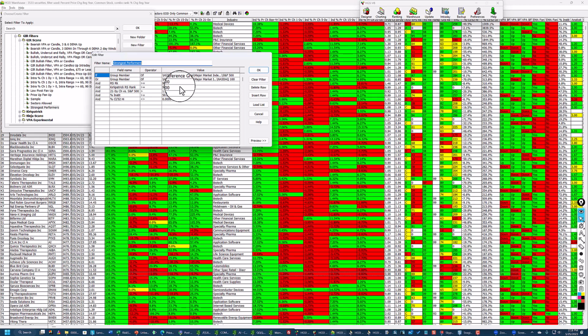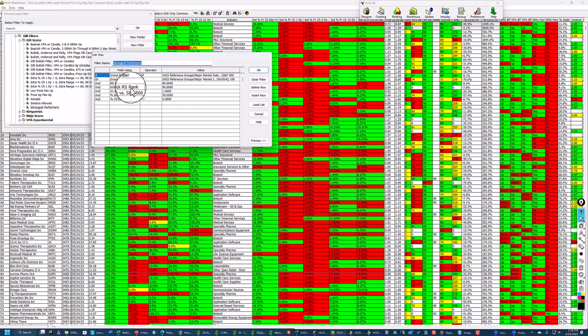So if the market's really weak and everything's going down, a huge sell-off, there are still going to be stocks that are relatively stronger than the rest of the market, and those are the ones we want to be looking at. So I decided that for this experiment, maybe we would limit this to stocks that are just in the S&P 500 and the NASDAQ 100.